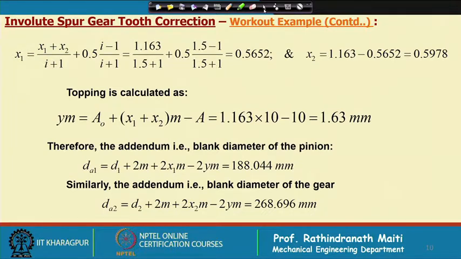Now, this is the procedure, standard procedure to calculate what should be the amount of corrections. Here we have taken the problem in such a way that to maintain the contact ratio, gear ratio and the center distance, we had to provide the corrections.